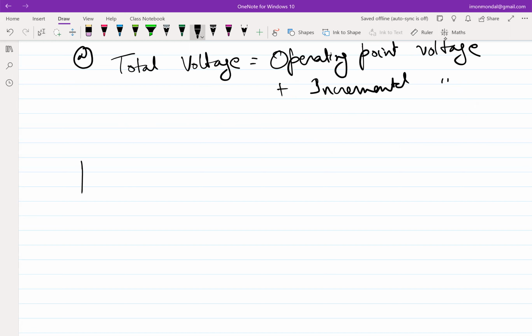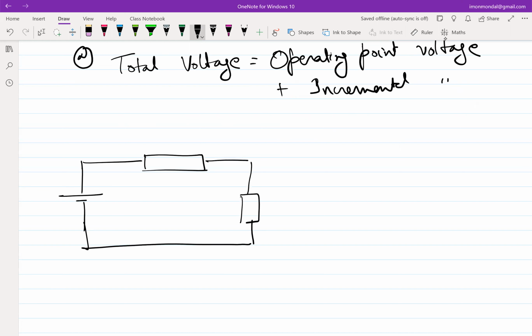So let's take another circuit where you have two nonlinear elements. Let's say you have VA, and your current through the loop is I1. This is V1, this is V2.